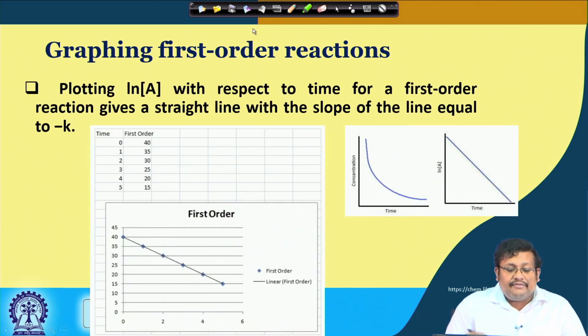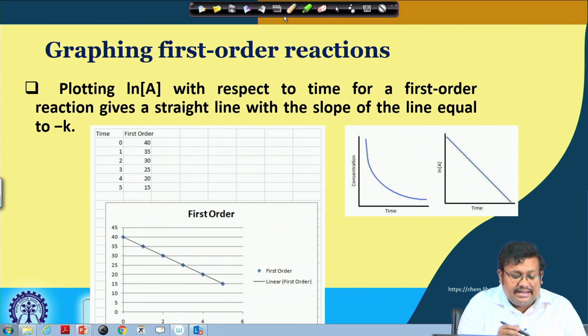Okay. So, just as an example, a good example is given here. If you plot the logarithm of the concentration of a reactant with respect to time for a first order reaction, it gives a straight line. Here you can see the time varies from 0, 1, 2, 3, 4, 5, and in the case of a first order reaction, the concentration changes from 40 units to 35, 30, 25, 20 and 15.